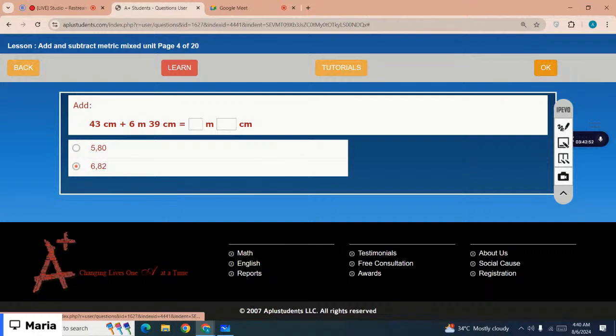Option number 2 is the correct option. That is 1 millimeter and 6 centimeters. Option number 2 is the correct option.